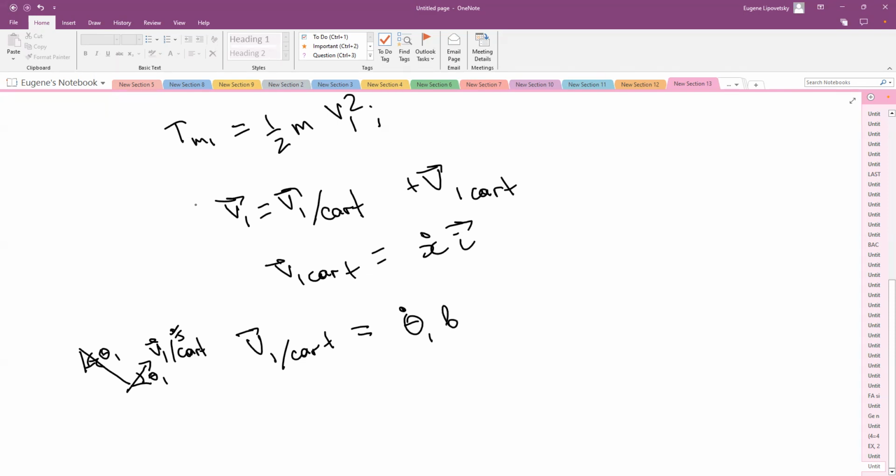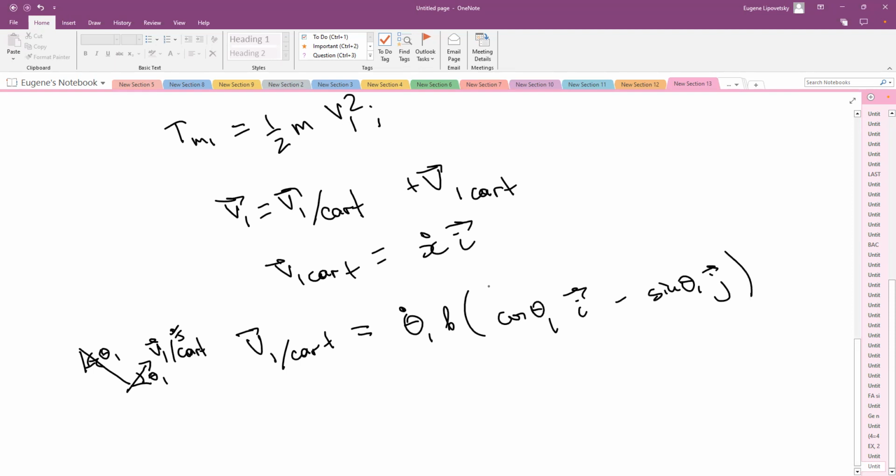That's the value of this one, and times the direction unit vector, which is going to be b times cosine of theta 1, that's the horizontal one, right? Times i, minus sine of theta 1 times j, because our y is directed downwards, right?